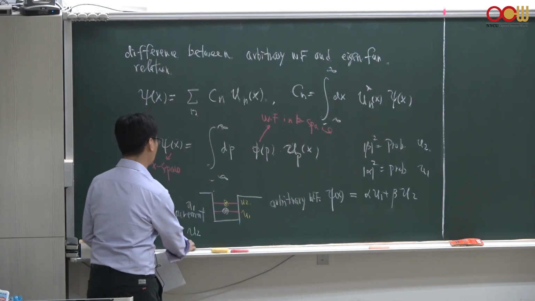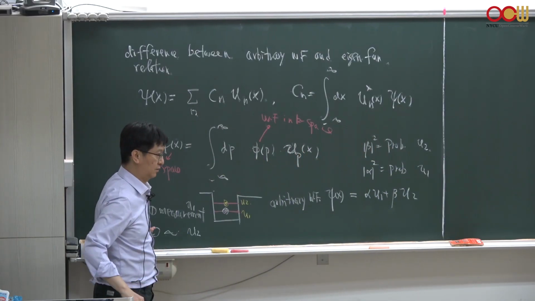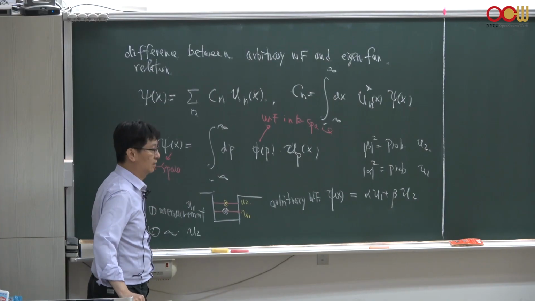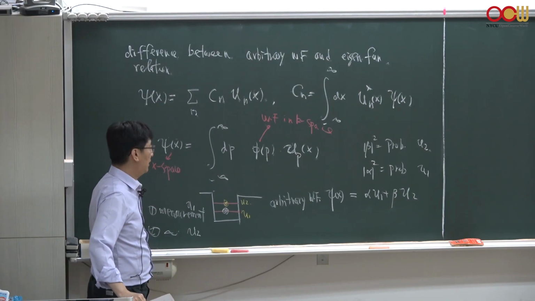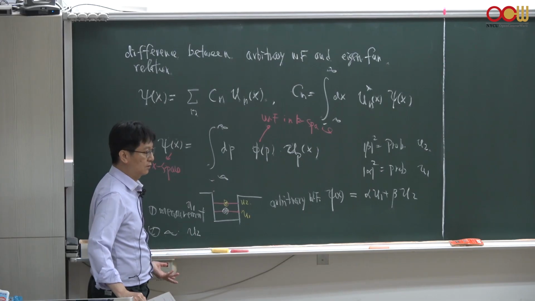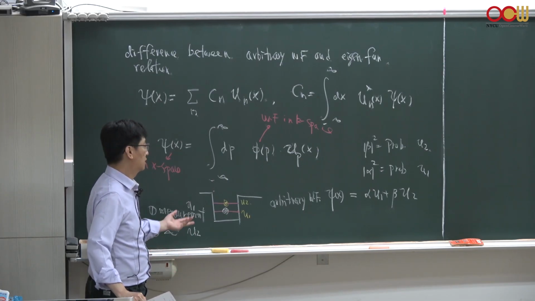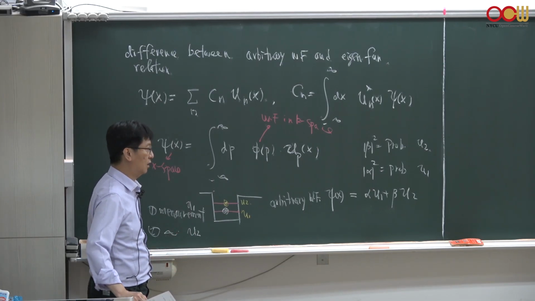Okay, so you take 100 measurements. You may find that out of the 100 measurements, 40 times the particle stayed at U1, and another 60 times the particle is found to be at U2.